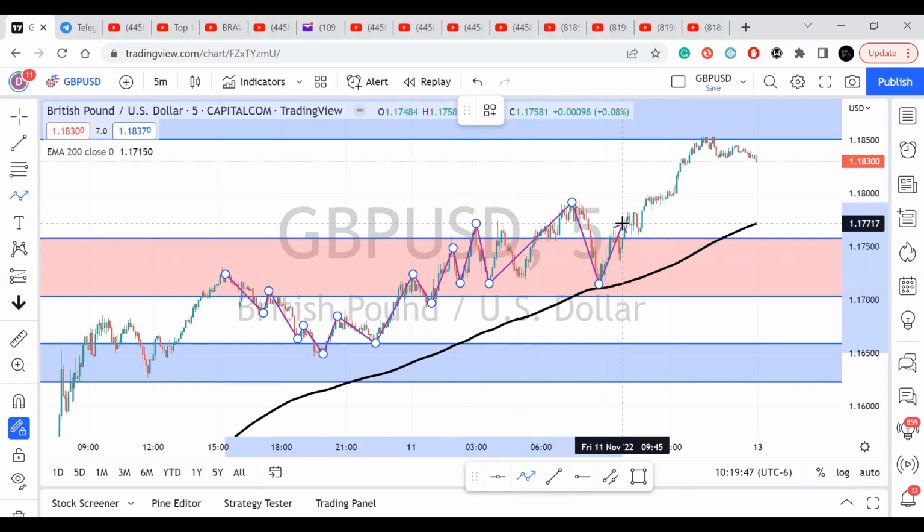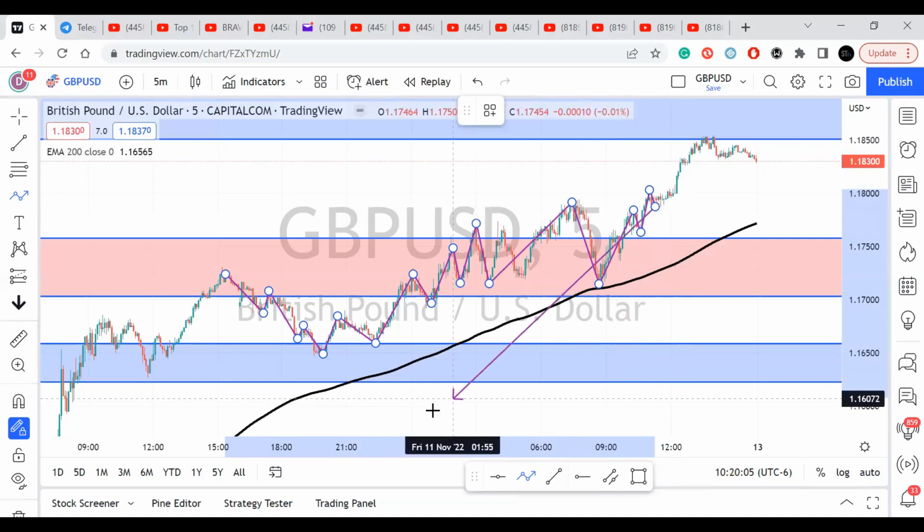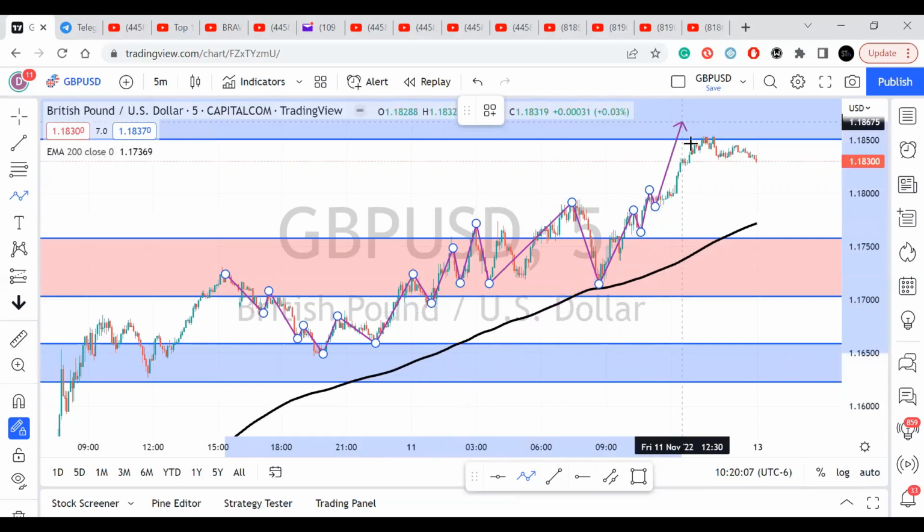Price now pushed back up, gave us this low, then gave us this high, now the sharp drop. See that, we have this high, now this drop.